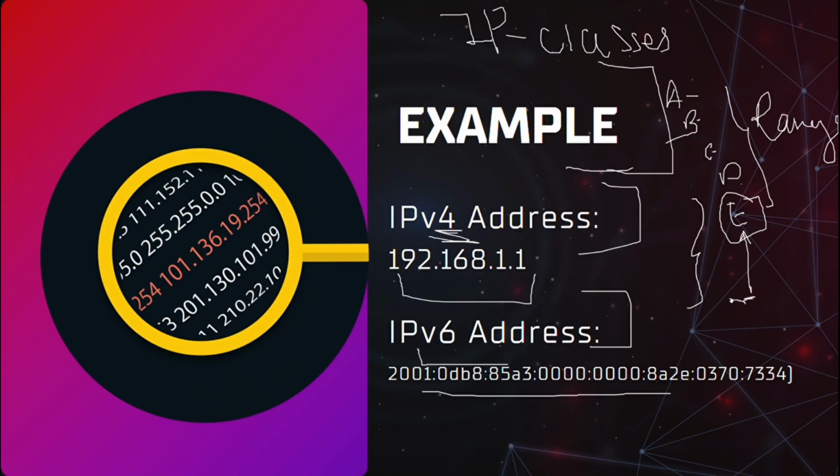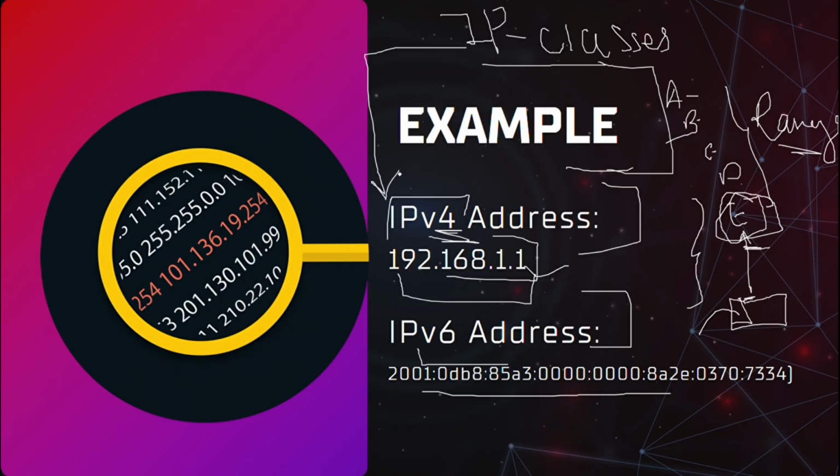In future, if any new IP addresses or internet protocol concepts are introduced, they will come under class E. It is reserved for the future. These ranges, these IP classes, come under IPv4 only. It is not about IPv6.